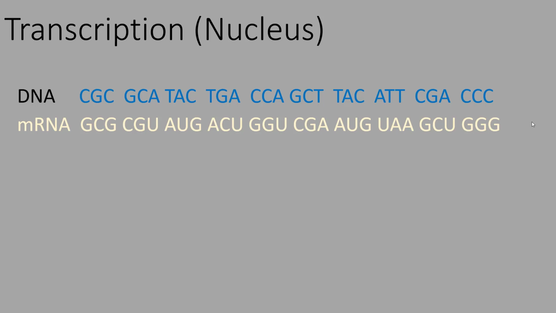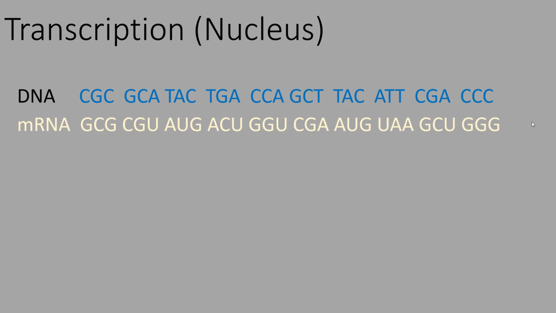Where are the ribosomes? They're out in the cytoplasm, either floating around or attached to the rough endoplasmic reticulum. So the recipe for protein is in the nucleus. The ribosomes that make the protein are out in the cytoplasm outside the nucleus. The DNA can't get out. The ribosomes can't get in.